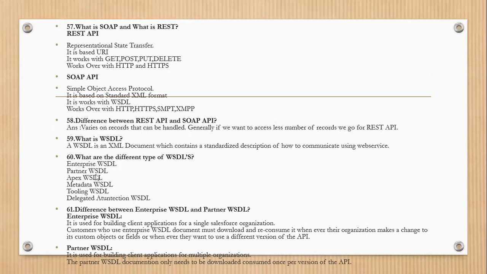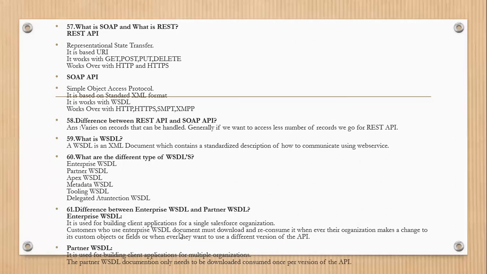Next question: what are the different types of WSDL? Enterprise WSDL, Partner WSDL, Apex WSDL, Metadata WSDL, Tooling WSDL, and Delegated WSDL. Next question: difference between the Enterprise WSDL and Partner WSDL. Enterprise WSDL is used for client applications for a single Salesforce organization.